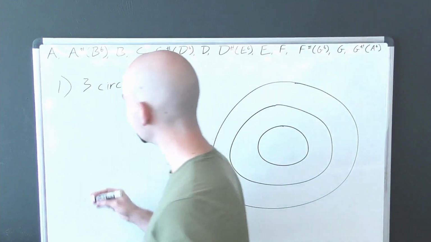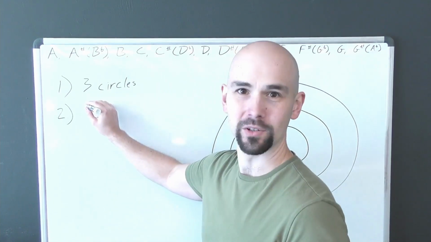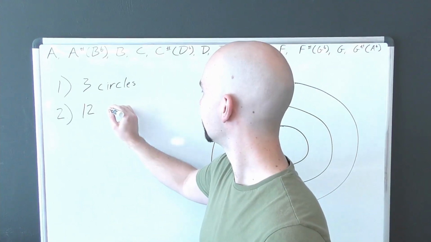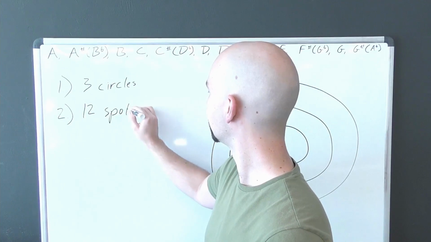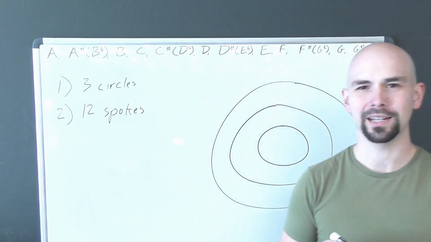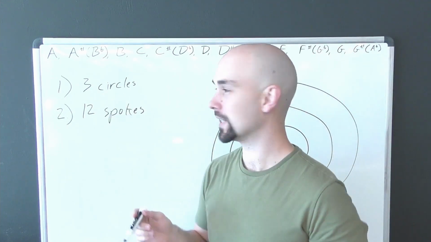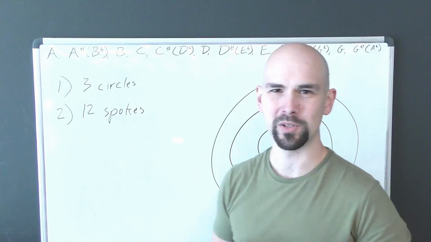Step number 2 is going to be insert 12 spokes. And one thing to know about the circle of fifths is that you have 12 notes in total in Western music. I've written them up here, and you can see them represented clearly on a piano.